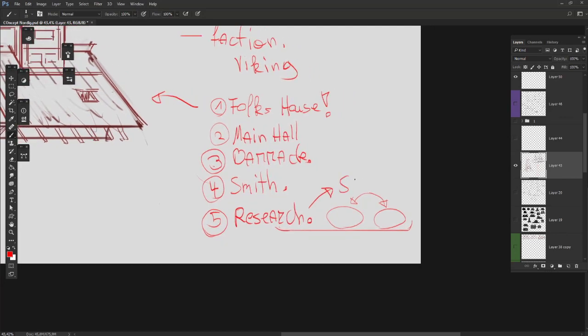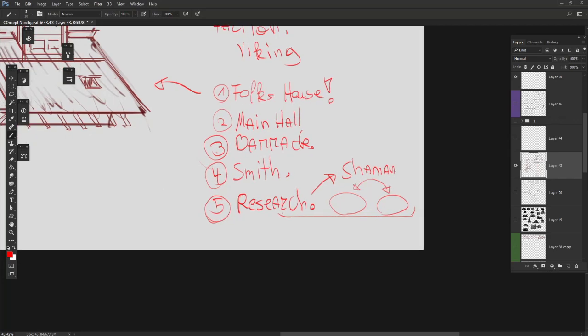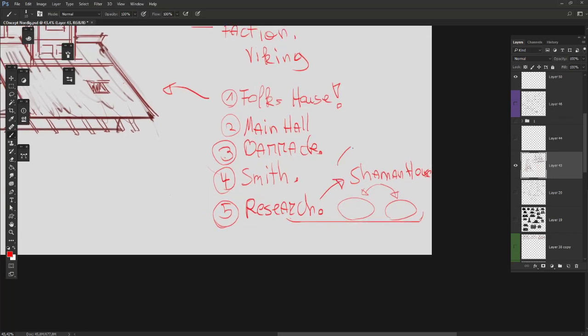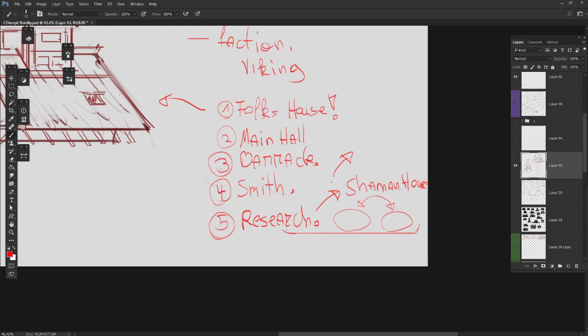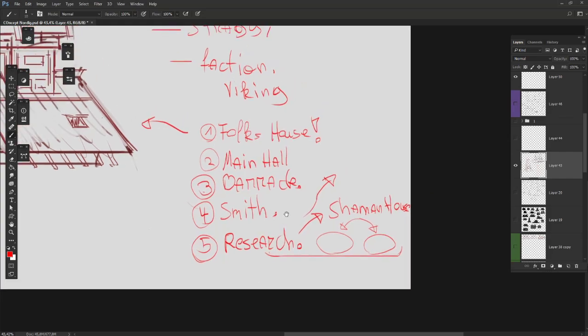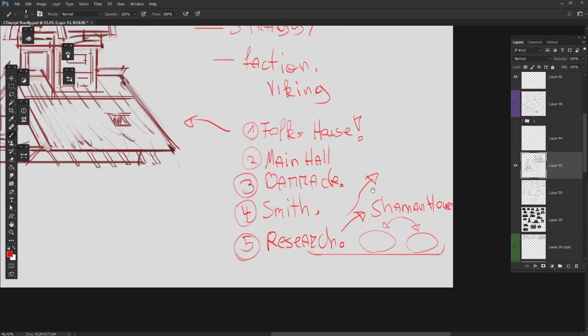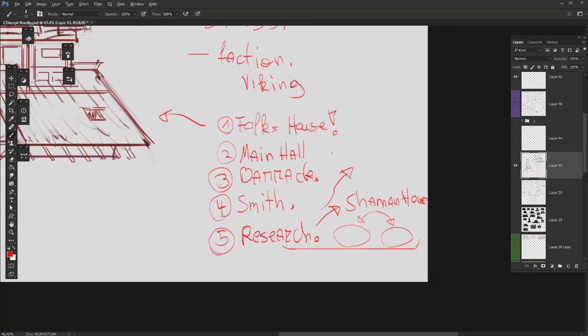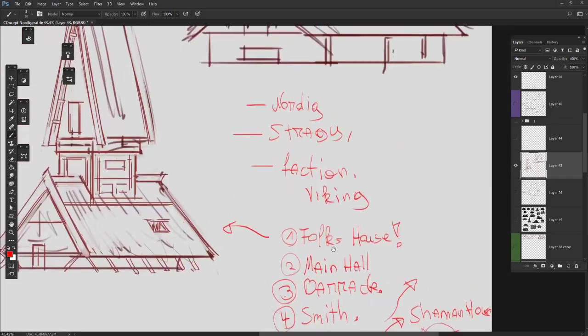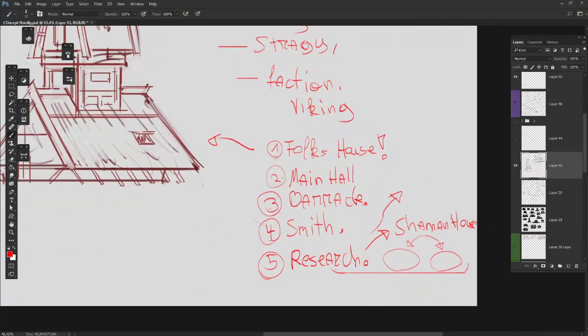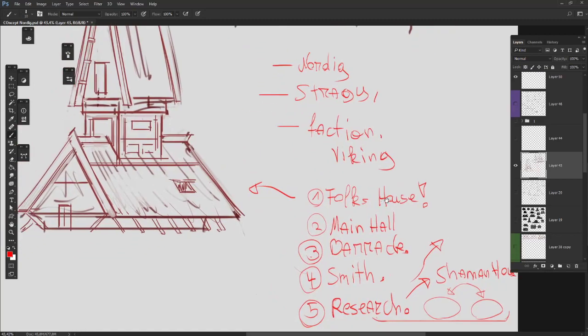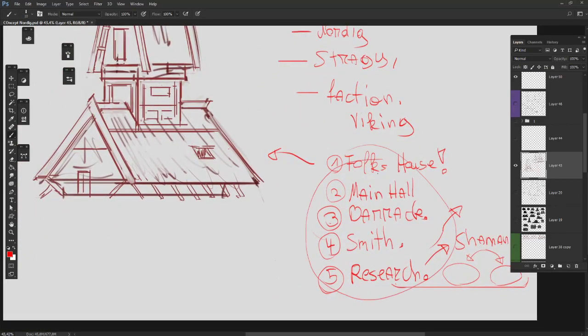I can write that down, shaman house. Where you basically research, but you also create, if it's fantasy, some magic type of druids, because they always have that. Sometimes, at least sometimes. But yeah, we know that for a fact.